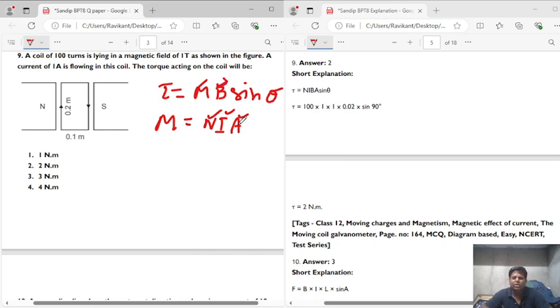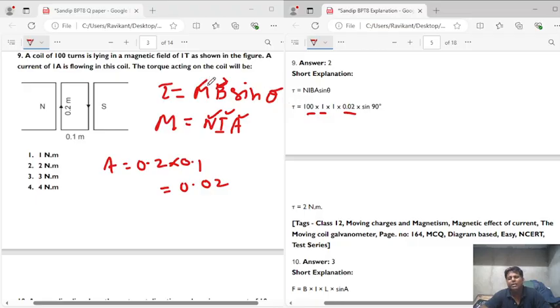So putting the values here, tau equals NIBA sine theta. N is 100, I is 1 ampere, B is 1 Tesla, and the area of cross section from here will be equal to 0.2 into 0.1, which is 0.02.